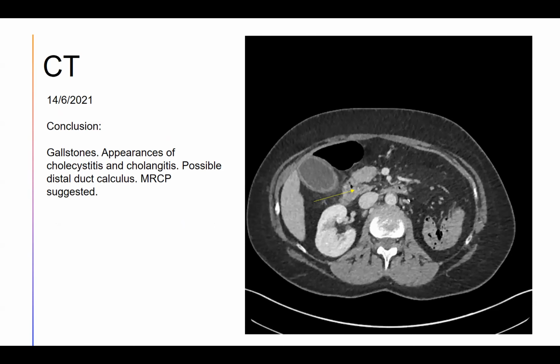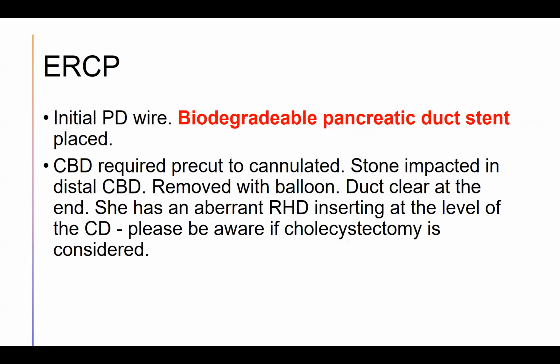So she was referred for an ERCP, and what happened during the ERCP was that the guide wire went into the pancreatic duct, which causes those of us that do this procedure to panic that we might cause post-ERCP pancreatitis, which is the biggest fear we have when we do these procedures, because it can hospitalize patients for weeks or months. What we do normally is place a small plastic stent into the pancreatic duct, but that means the patient has to come back and have it pulled out again.